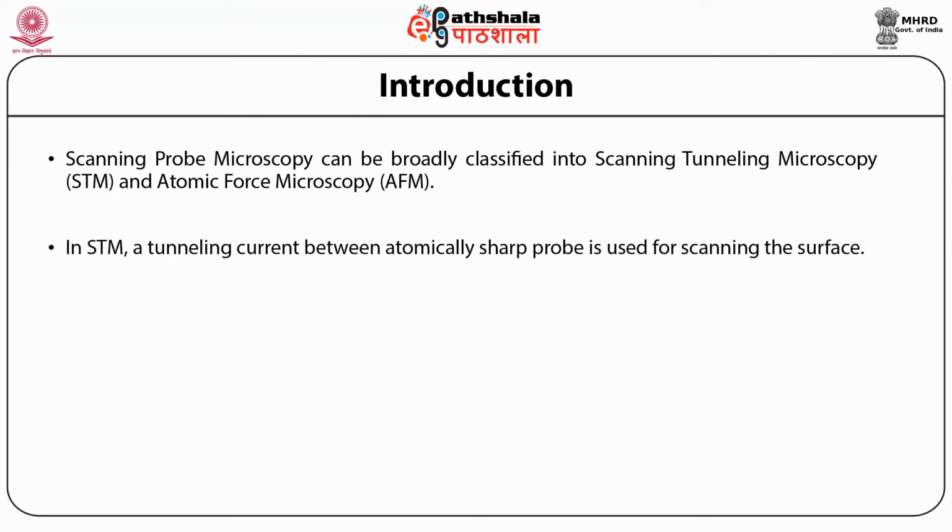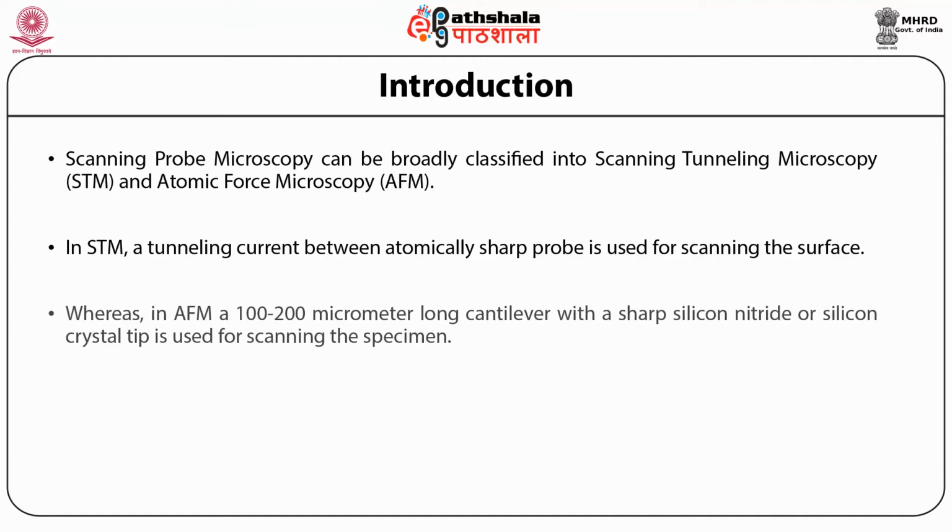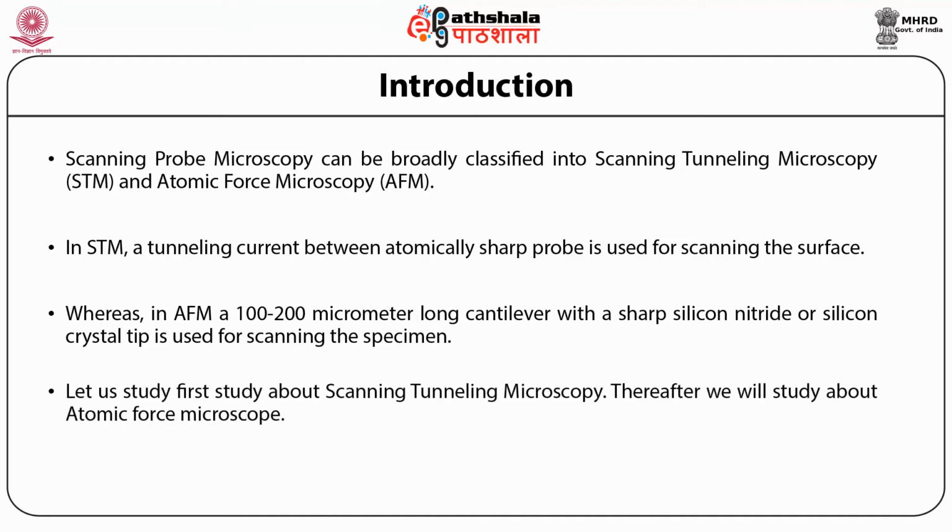In STM, a tunneling current through an atomically sharp probe is used for scanning the surface, whereas in AFM, a 100 to 200 micrometer long cantilever with a sharp silicon nitride or silicon crystal tip is used for scanning the specimen. Let us first study scanning tunneling microscopy. Thereafter, we will study the atomic force microscope.